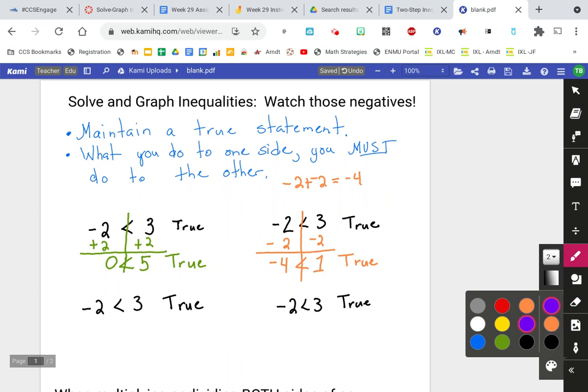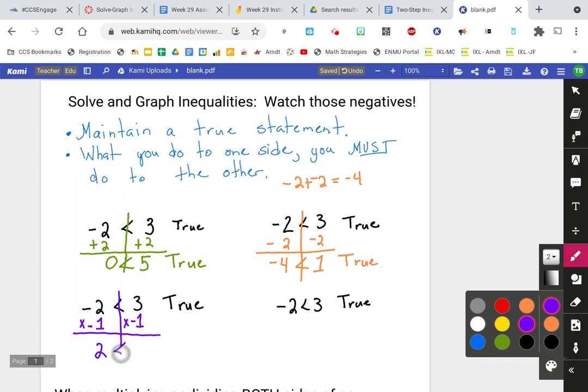Well, we've tried addition and subtraction. Let's try the operations of multiplication and division. Let me try multiplying this side by a -1. And then multiplying the other side by -1, because what I do to one side, I must do to the other. -2 times -1 is a +2.